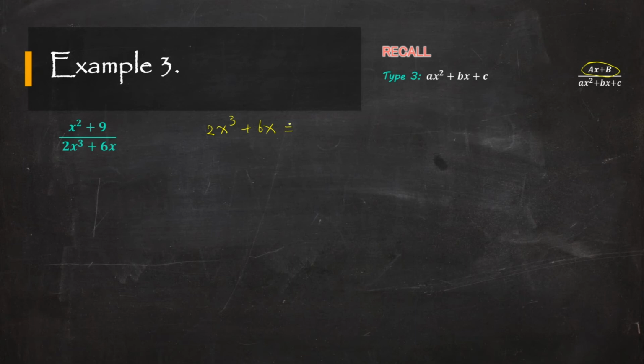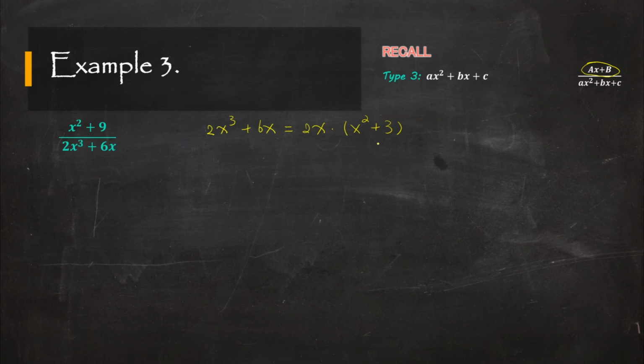And one of the common factors would be 2x here multiplied by x squared plus 3. And the first factor, 2x, is type 1. The second term, x squared plus 3, is type 3.